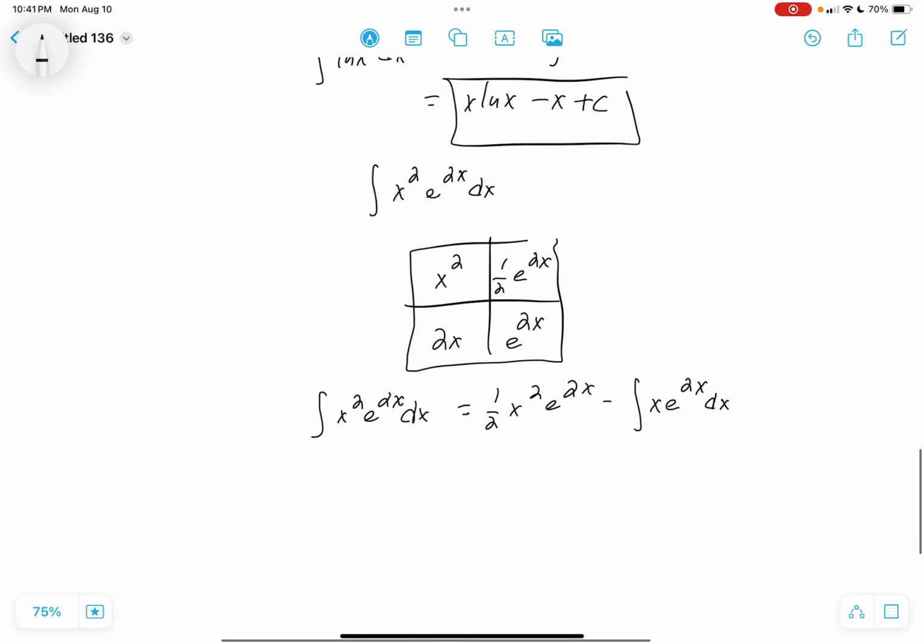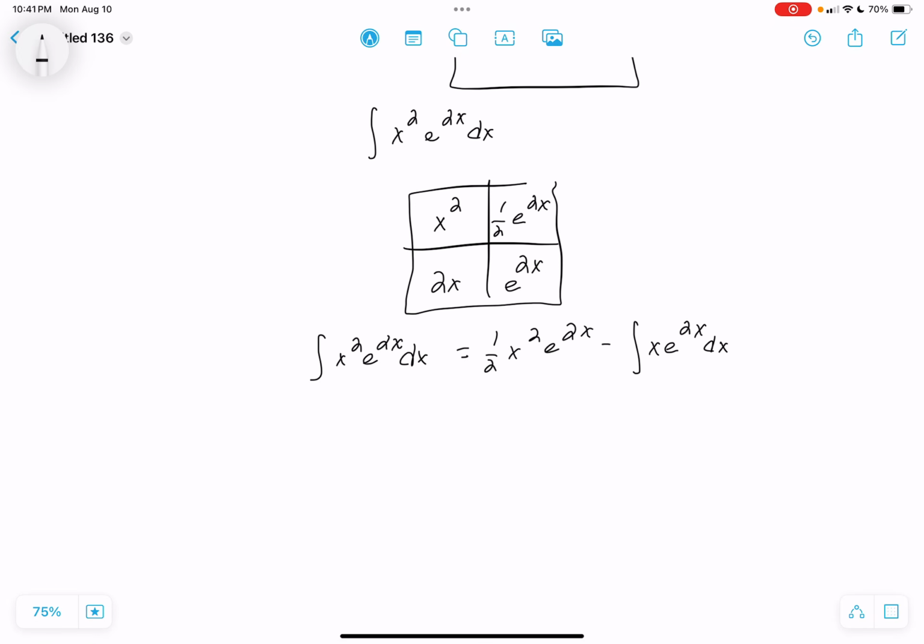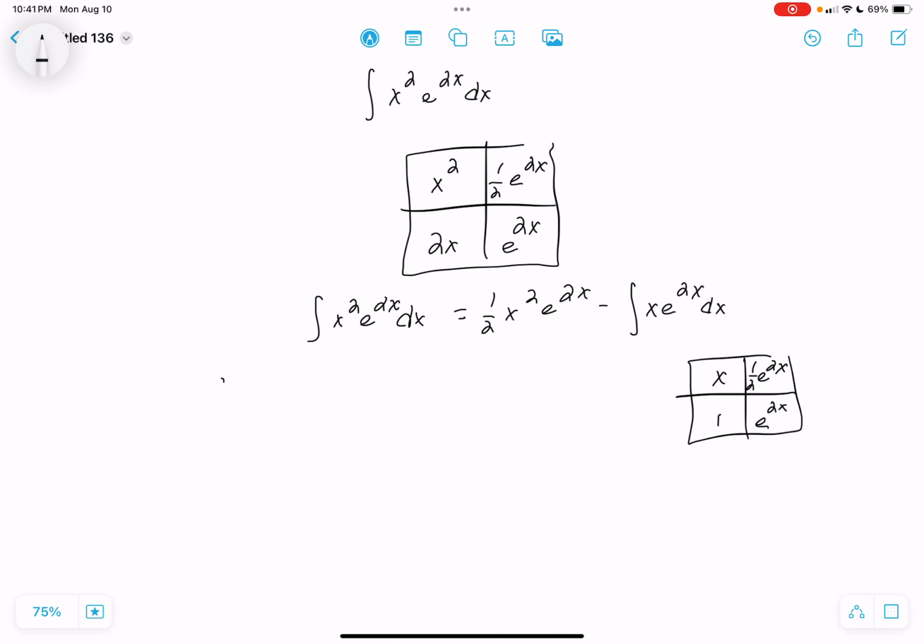So now I can do another integration by parts on x e to the 2x. Here's x, here's e to the 2x. This becomes 1/2 e to the 2x. This becomes 1. So now I get the integral of x squared e to the 2x dx equals 1/2 x squared e to the 2x minus 1/2 x e to the 2x minus 1/2 integral e to the 2x dx.